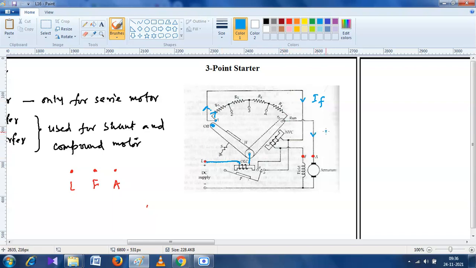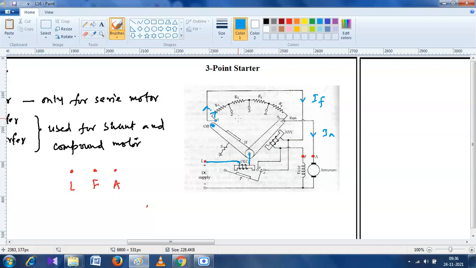That means the current which flows in this path is called armature current.